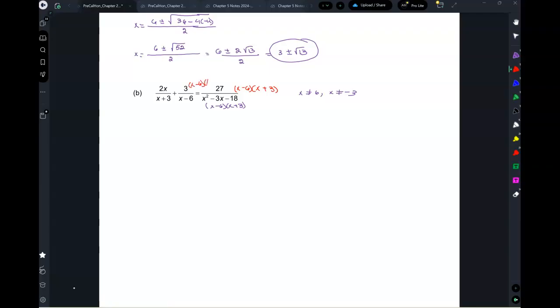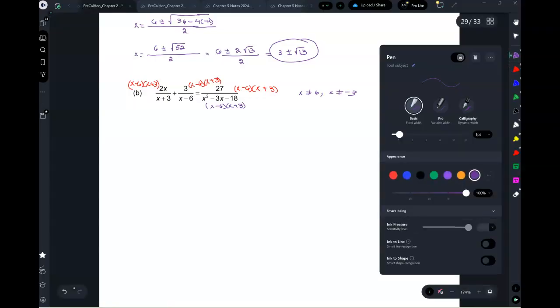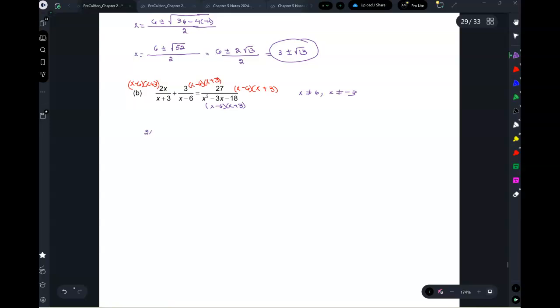And same thing here. The point is, if you do this correctly, your denominators should disappear. So here I have 2x, x minus 6, plus 3x plus 3 equals 27.